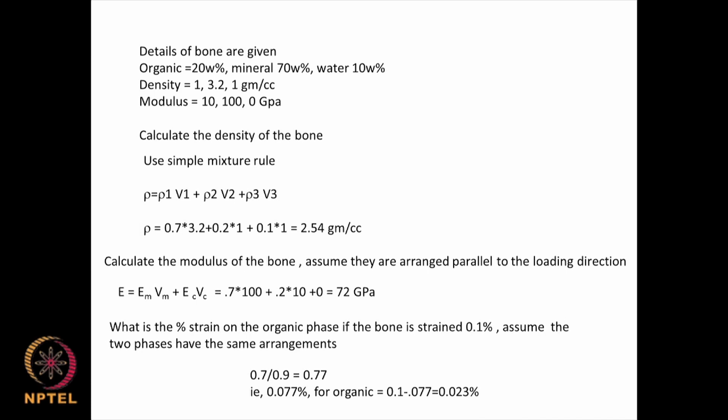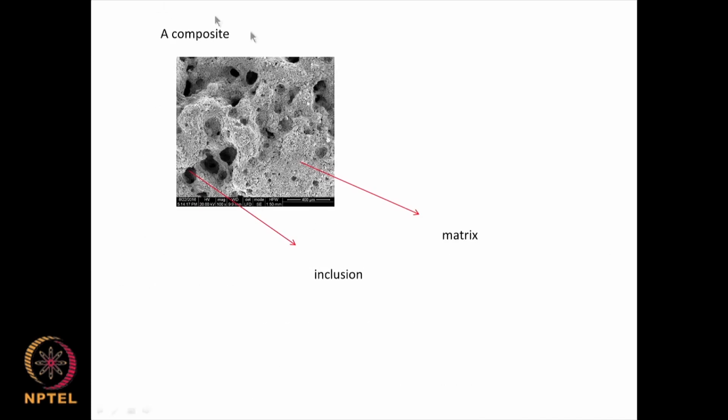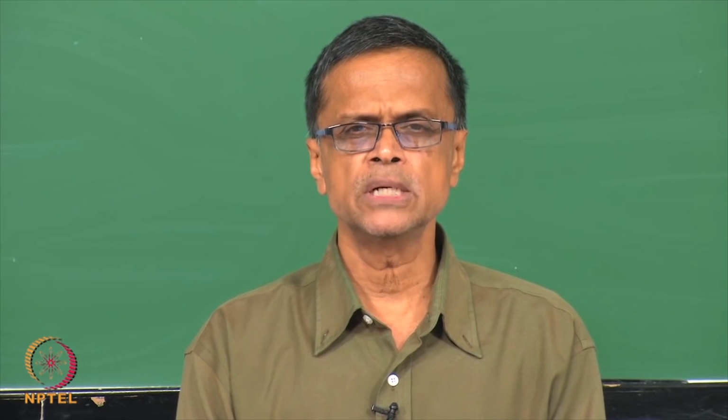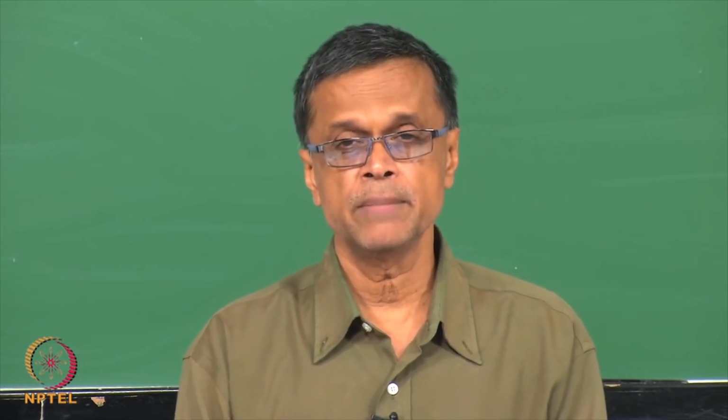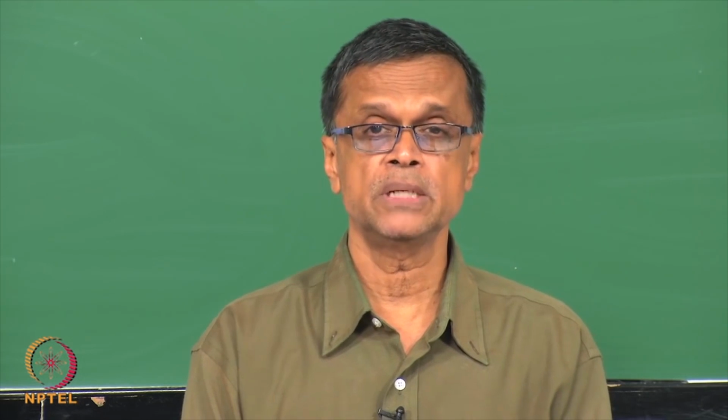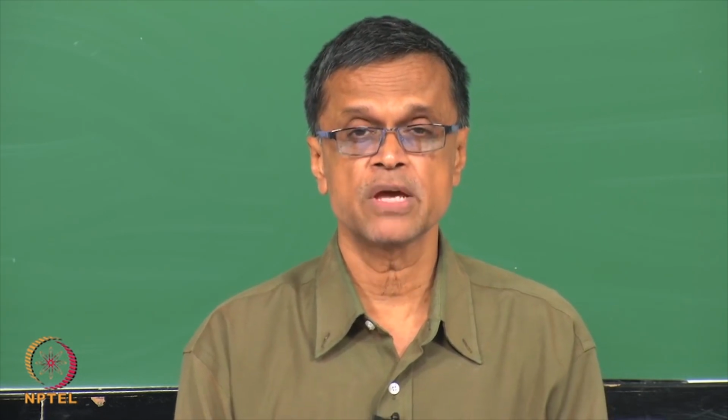Okay. Now let us go to composites. Composites are almost like blends. We can make composites of two polymers, composites of a polymer and an inorganic material like glass, like the glass reinforced polymer, or fiber reinforced polymer, or carbon reinforced polymer.